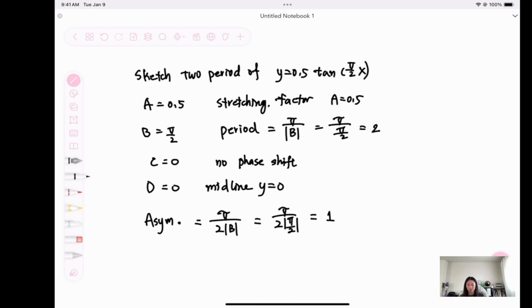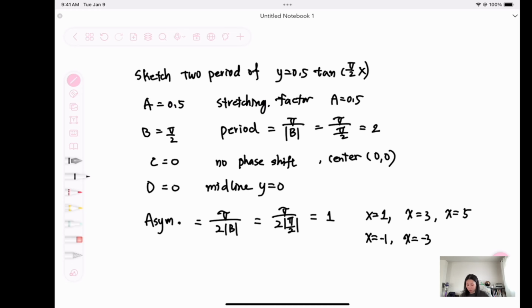So that means the asymptote is at 1. Or you add another period to it, which is 3, or add 2 periods, which gives you 5, or you subtract, -1, or x equals -3. Either one. Since there's no phase shift, the center of the graph will remain (0, 0).